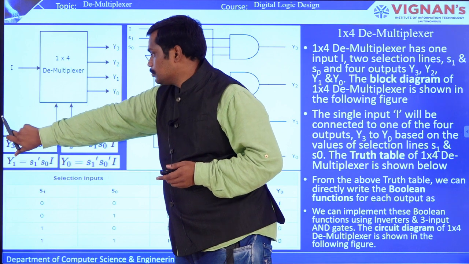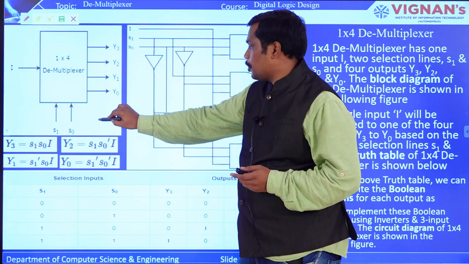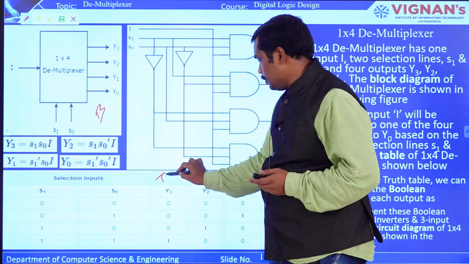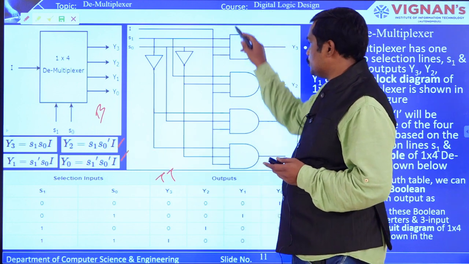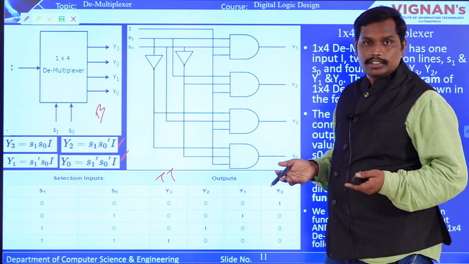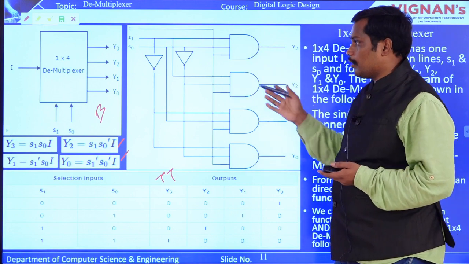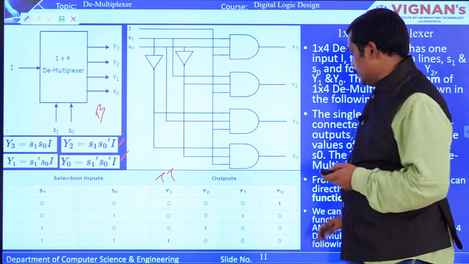From the truth table you are going to generate the Boolean functions. Based on the Boolean functions you are going to generate the logic diagram or the circuit diagram for that particular 1 by 4 demultiplexer, right?